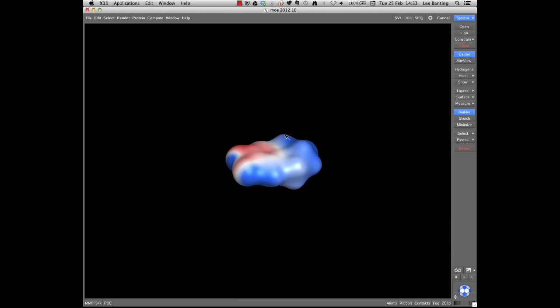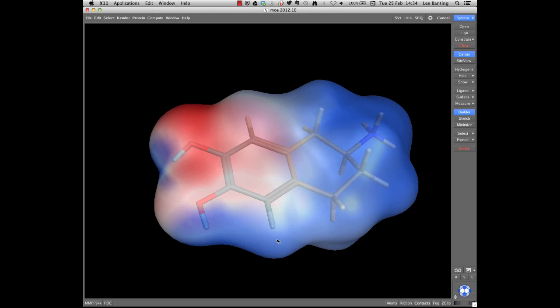So if I make that map a little transparent, you can see that the oxygens are very electronegative. The nitrogen is electronegative too, but in this particular molecule the charge is not really showing itself at the surface, which is quite interesting. You can also get a sense of the shape of the molecule and its charge properties.